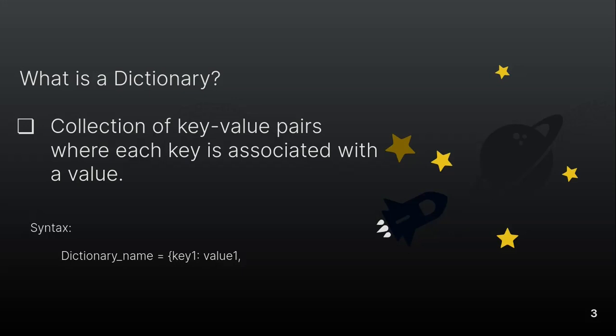So in this case, I'm creating a dictionary with two items, right? The first item has key 1 and value 1. The second item has key 2 and value 2. But you do understand the pairing, right? It's a key value pair. You have a key that is associated with a certain value. Okay, cool.